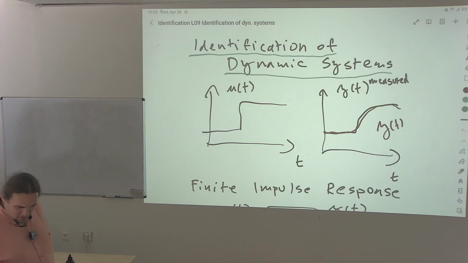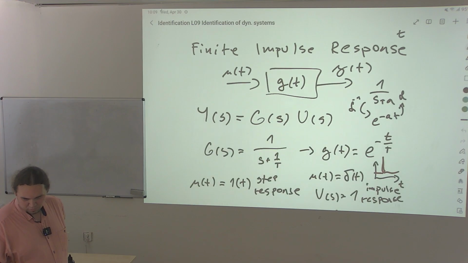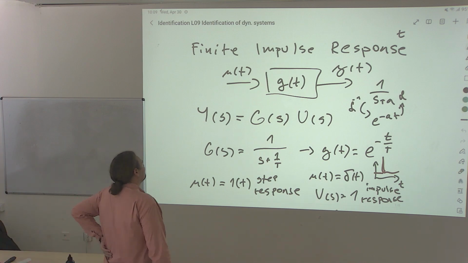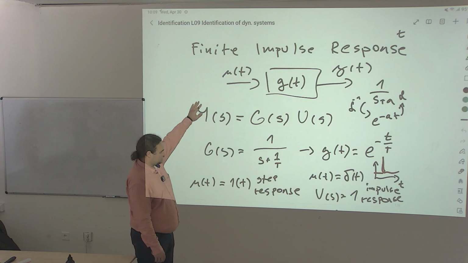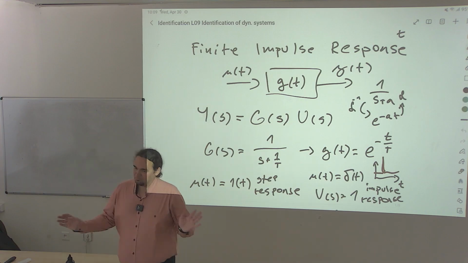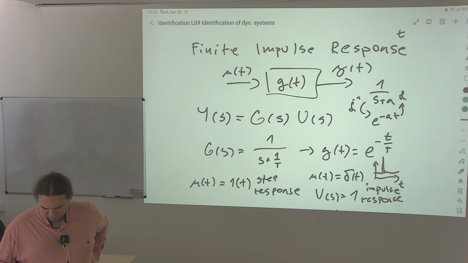So last time we delved into this world of dynamic systems identification. And I hope, well, also during your exercises, you got fond of models like the finite impulse response. It's trying to somehow approximate a transfer function.